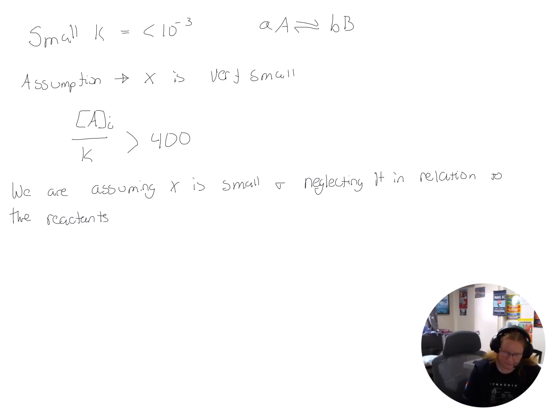Okay, so we're making this assumption that assuming it's small and neglecting it in relation to the reactants means that we're not going to have a very big error. Okay, neglecting it here in relation to the reactants, we're hoping for introducing an error less than 5%.